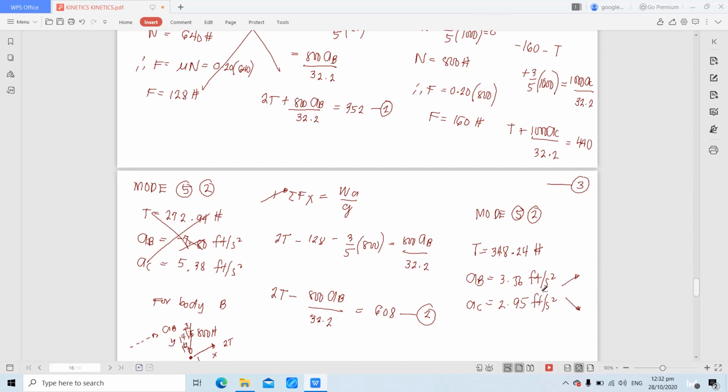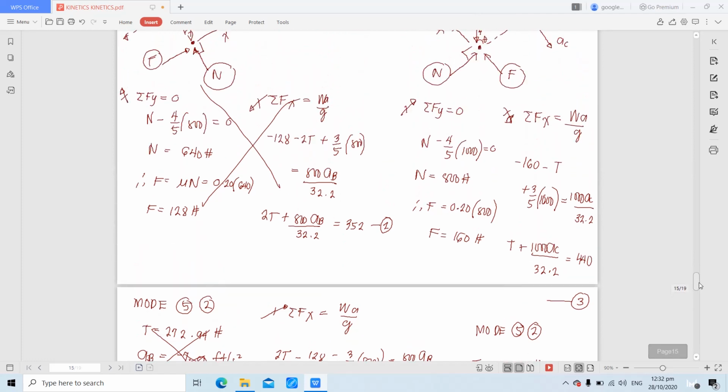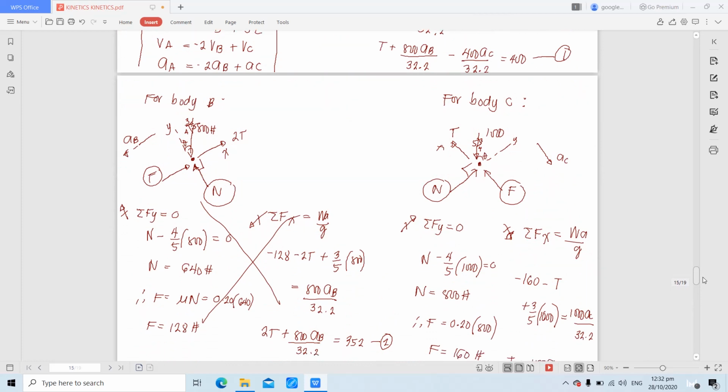Okay. Now, compute acceleration of body A. Meron tayong relationship kanina. That is negative 2AB plus AC.